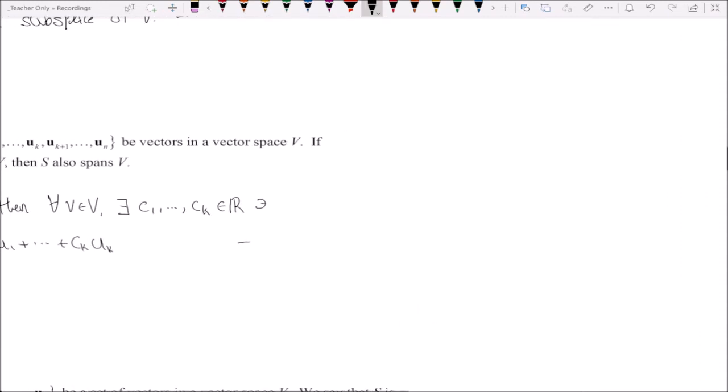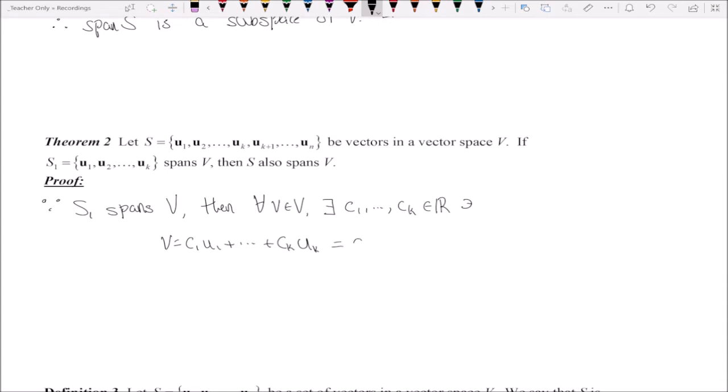But we can write this as C1U1 plus so on and so forth, plus CK UK plus 0 UK plus 1, plus so on and so forth, plus 0 UN. Well, this is still a linear combination of the vectors in S now. So therefore, S also spans V. Right? We wrote V as a linear combination of the vectors in S. So simply by adding vectors to a spanning set doesn't change the fact that it is a spanning set.